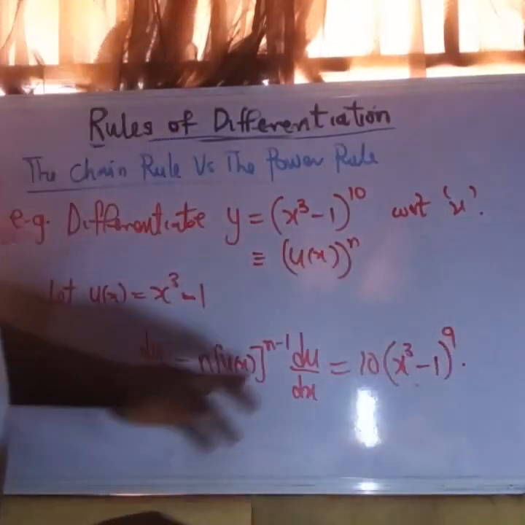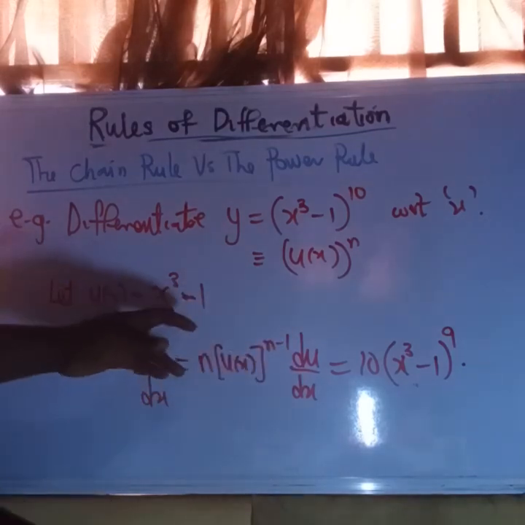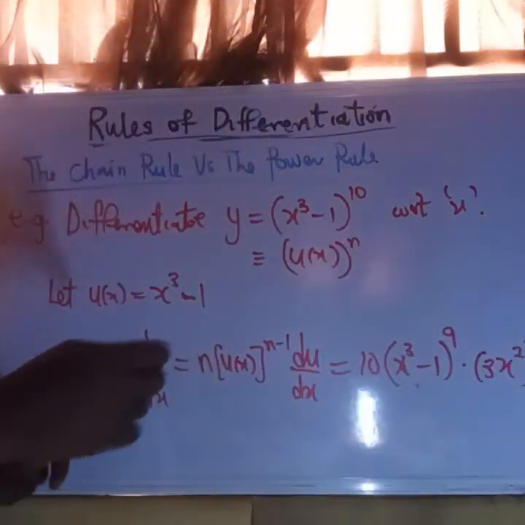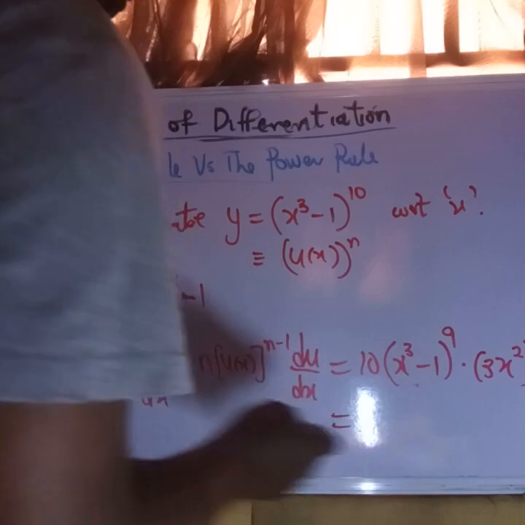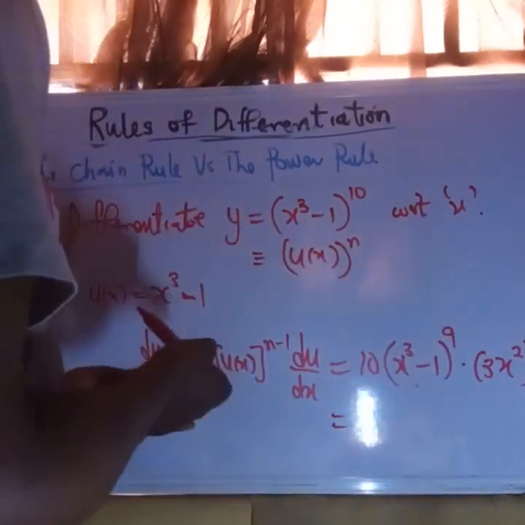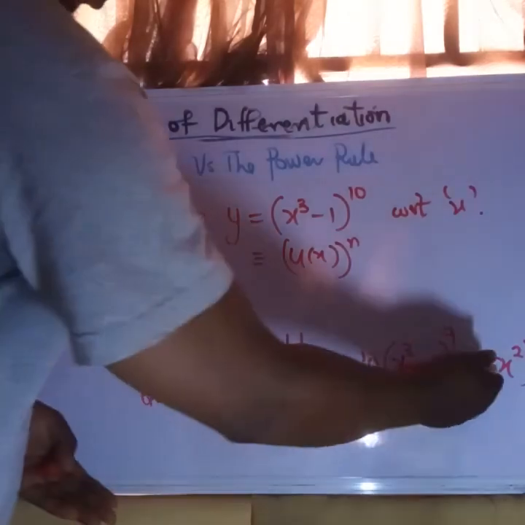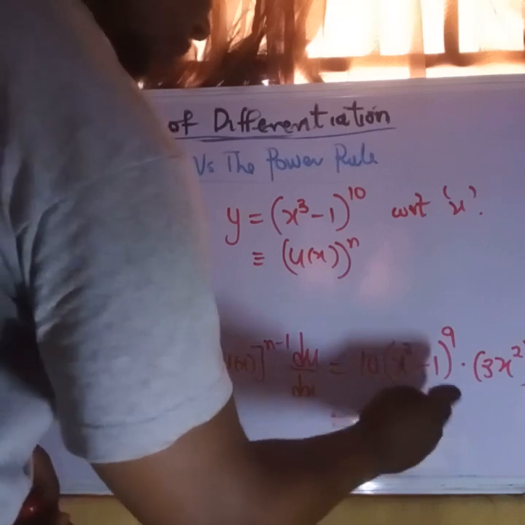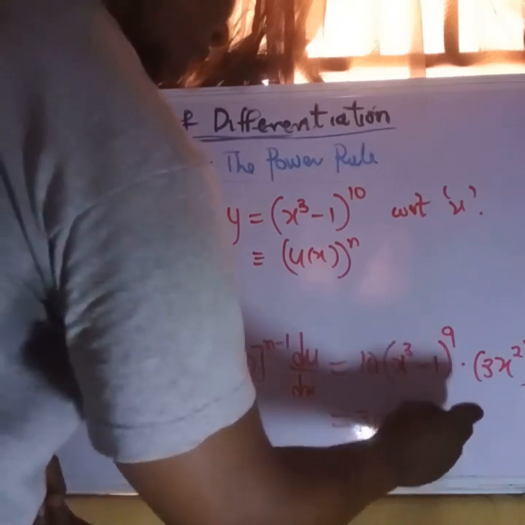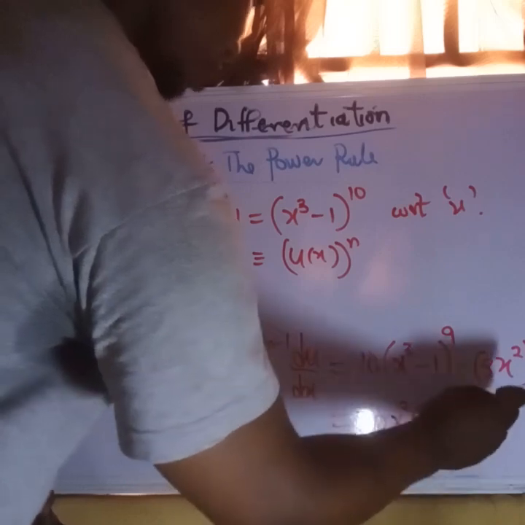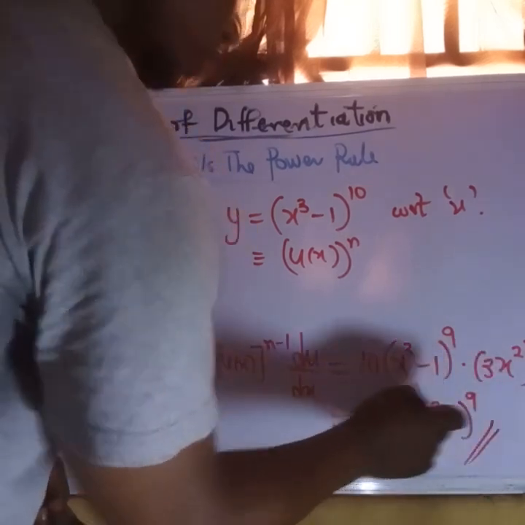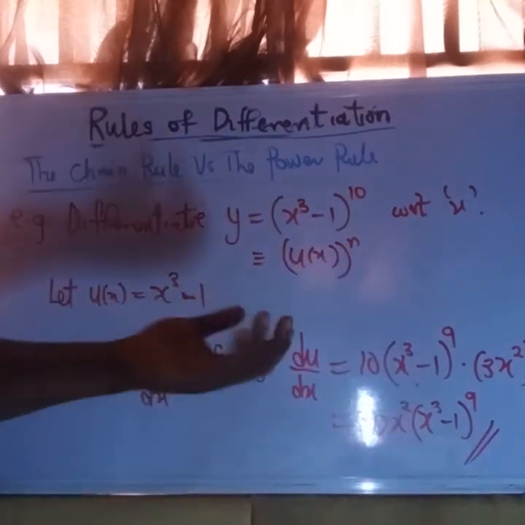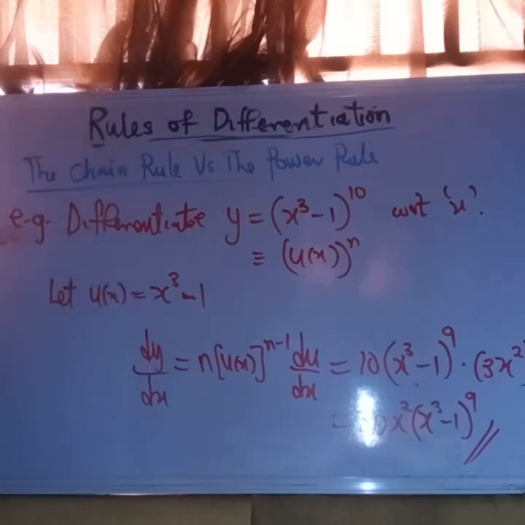Multiply by du/dx: if we differentiate u with respect to x, this becomes 3x squared. Accordingly, we can multiply this together to have a more compact form. 3 times 10 is 30, so 30 x squared multiplied by x cubed minus 1 raised to the power of 9. So here is the slope of this function, and this is how we apply the chain and the power rule.